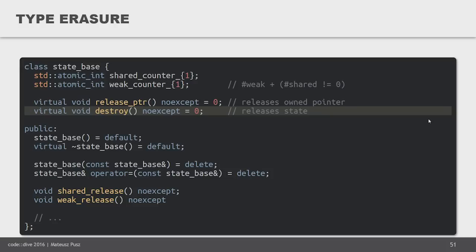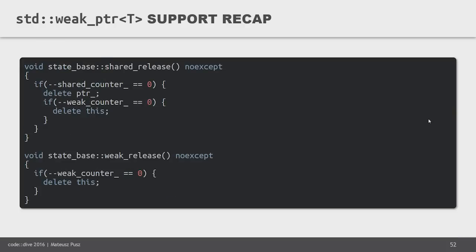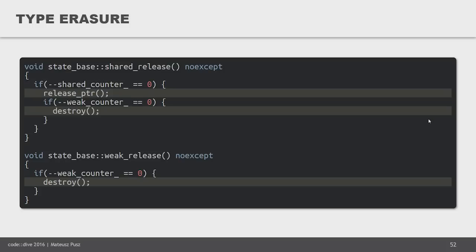And we also have a destroy function here. If you remember, destroy function was implemented by this. So we had the short release, we have weak release for the weak pointer. They were deleting pointer or state, depending where we are in the flow. And we are just replacing those with release pointer and destroy of the state in our child classes.